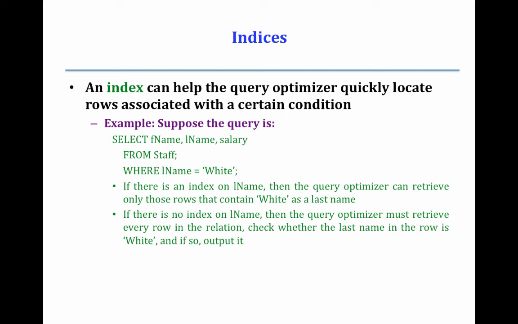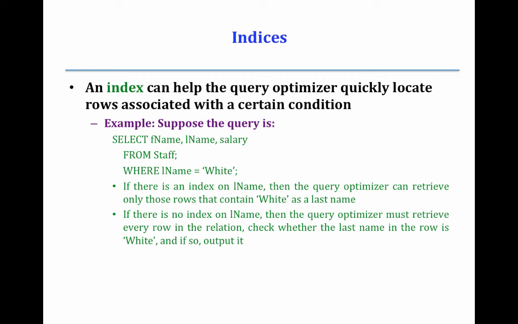And then the second thing you can do is you can put indices on any column, and that can help the query optimizer to find things. So here I'm finding a staff whose last name is White, and perhaps I have physically sorted the staff relation by staff number, but if I didn't provide an index for last name, then the only way I could find all staff members with a last name of White would be to physically search the entire relation, right?